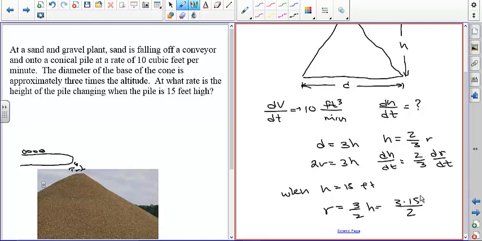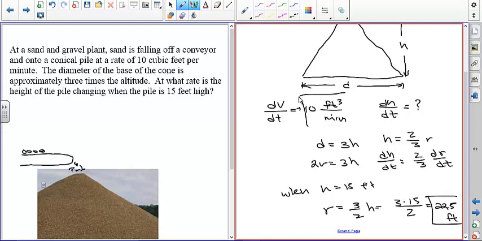Should have solved for h. We'll do it the other way, just to show you get the same answer. Okay, so 3 times 15 divided by 2 is 22.5. So the radius is 22.5 feet. So that's my radius where I want to do my calculation.